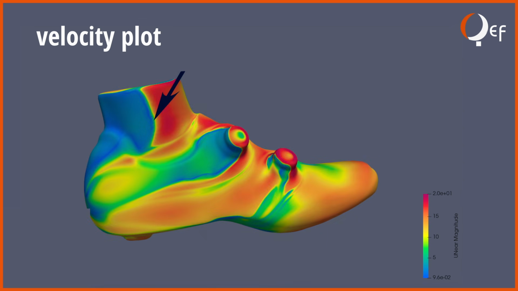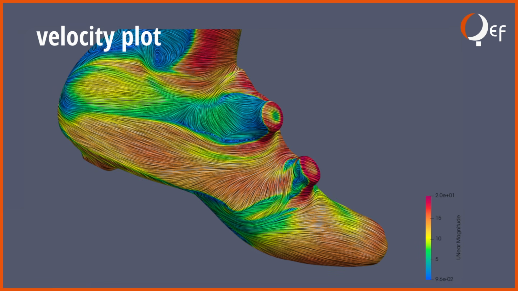The ankle, which seems to be out of the dial's influence area, shows the same abrupt change from red to blue, indicating flow separation. The same color image can be enhanced with LIC, showing the direction of the flow and the formation of vortices in the blue and green areas.